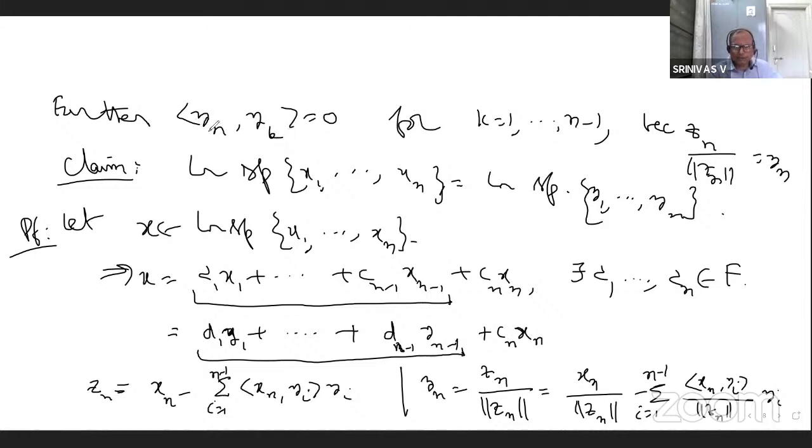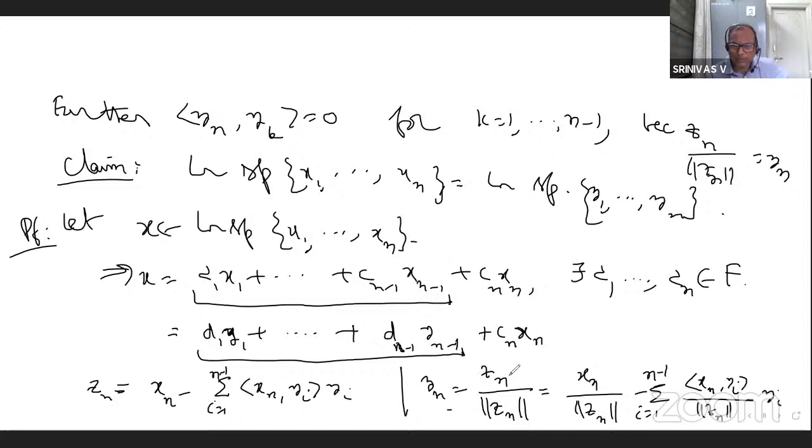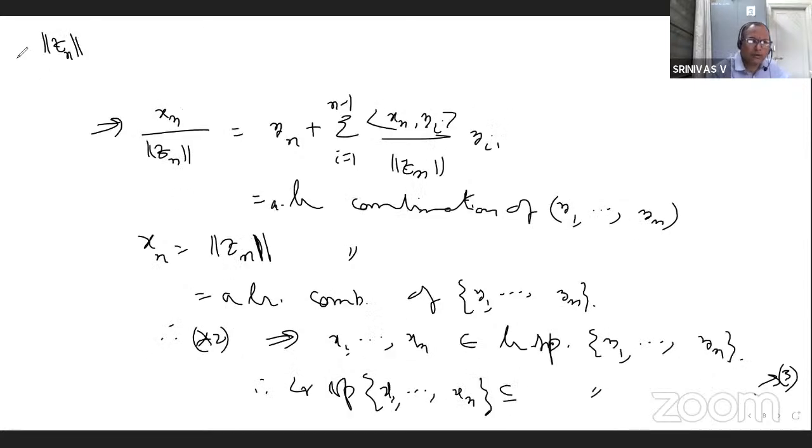How about yn? Is it of length 1? Is it a unit vector? If you take the norm of this, it will be 1. Norm of yn is norm Zn by norm Zn, because you're dividing this vector by its length.